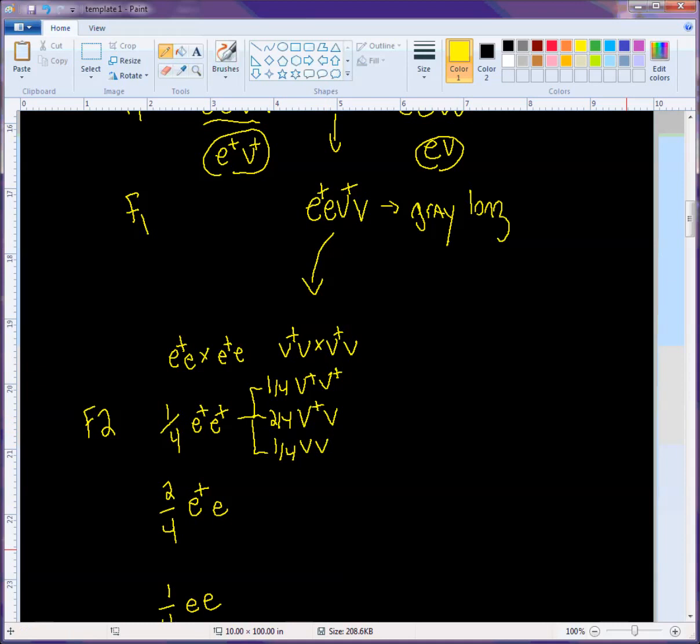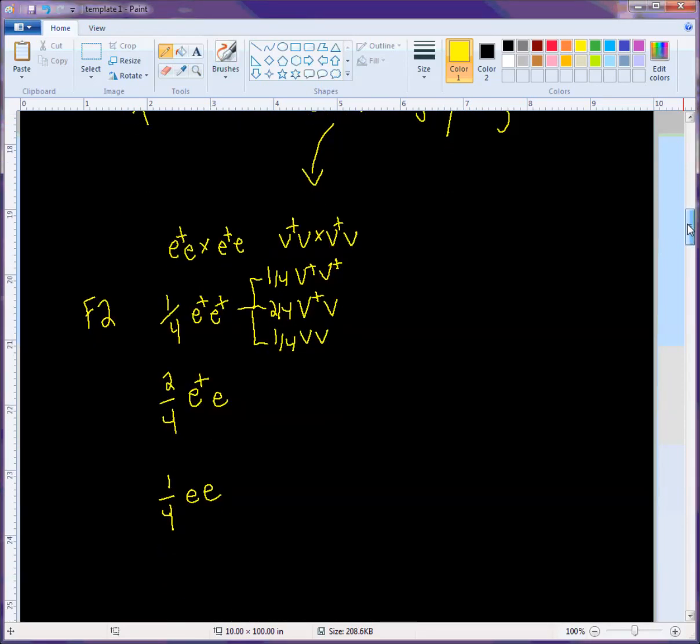You can go back and take a look at problem, I think it was 3.7, where we do the dihybrid cross for yellow and round traits in pea plants. And this is the same thing. We're just doing the same thing for Drosophila with body color and wing shape.